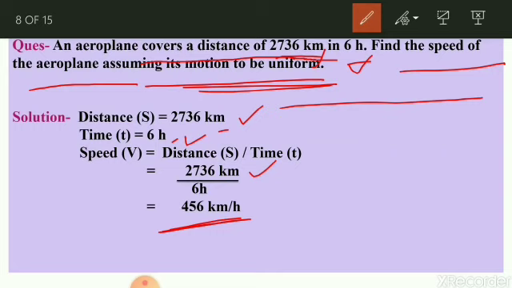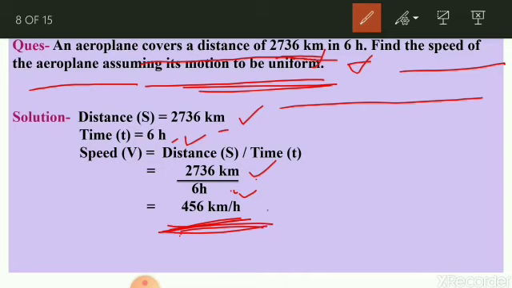One more thing: while doing calculation we have to take care of the units also. Units must be consistent. If we are using kilometers, then the time should be in hours. When we put the data in the formula, we keep the units also, kilometer for distance and hour for time. So the answer will be 456 kilometer per hour.